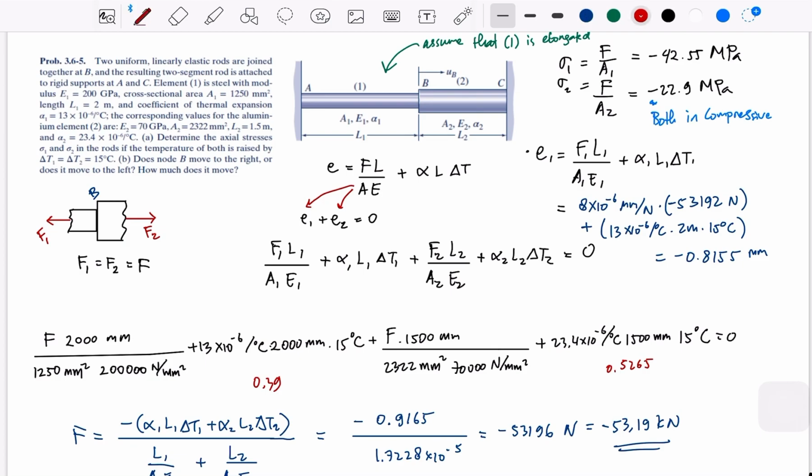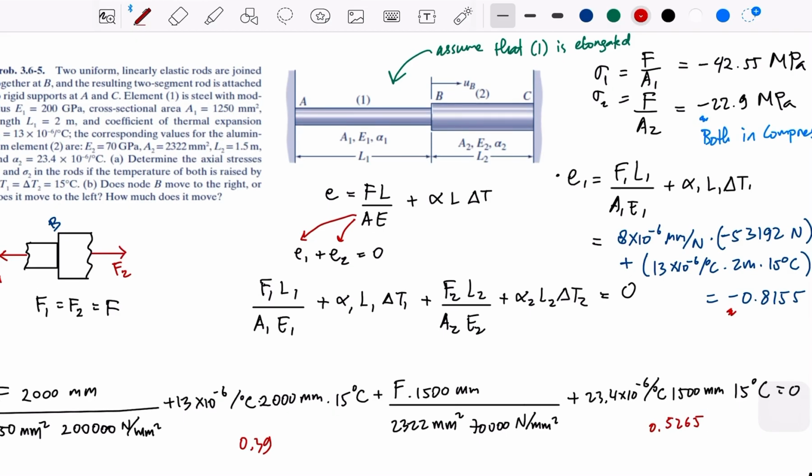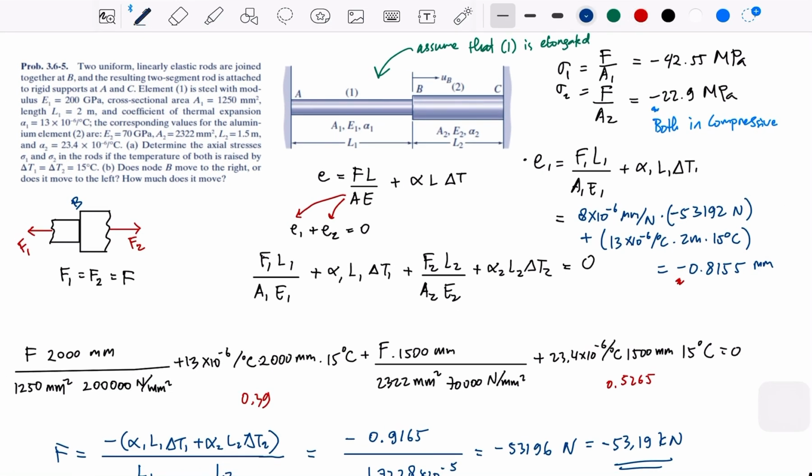So since this is negative, and in the picture we assume it's going to the right, then we can say that node B, so this is UB, node B is moving to the left.